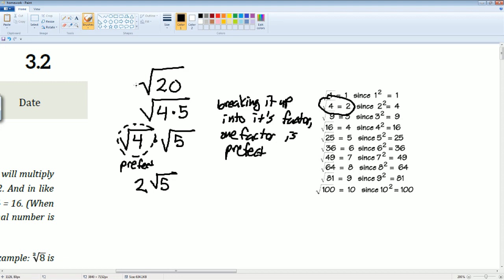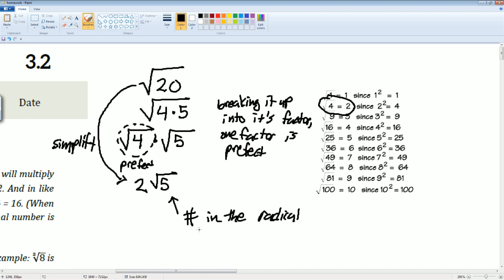So notice, this is the original number, and from here we simplify. How do we know it's simplified? Because the number in the radical can no longer be broken down.